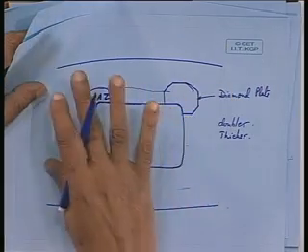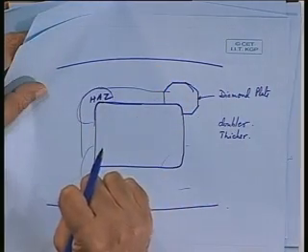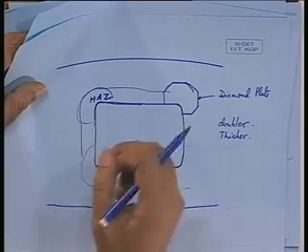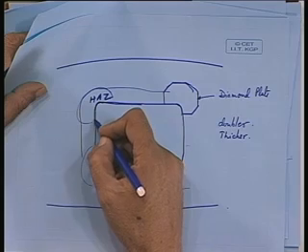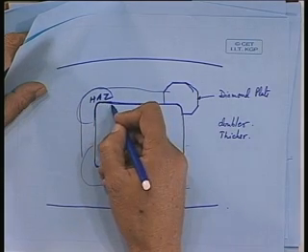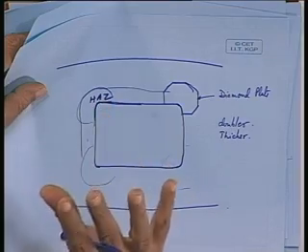When you heat, the material expands, when you cool, it contracts. Depending on the rate of heating and cooling, how much it expands and at what rate it contracts, there will be some strains developed here, and associated with the strains there will be some stresses developed in this zone.